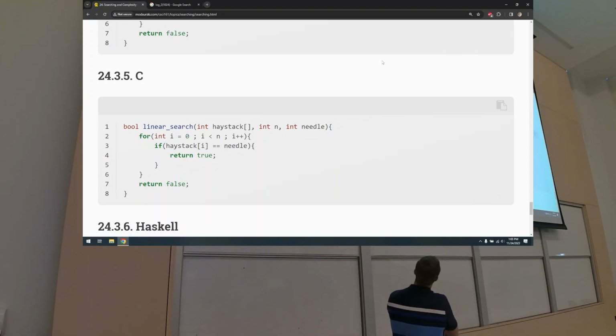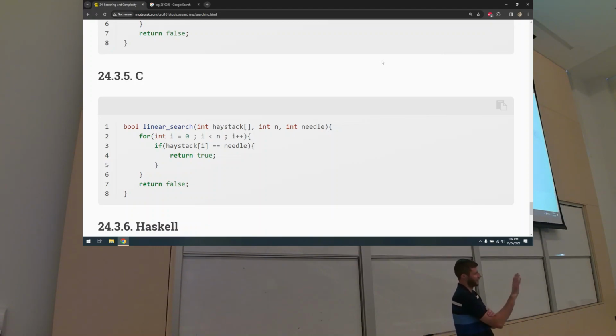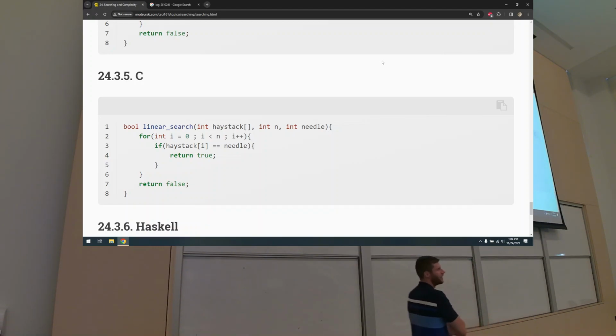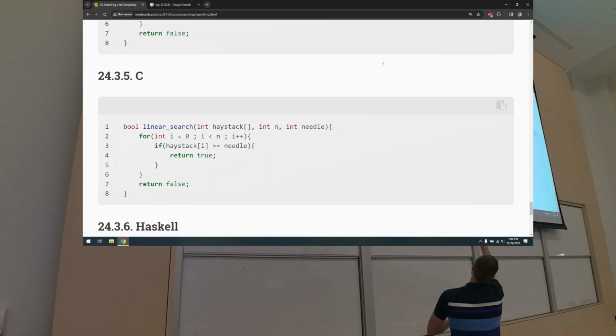But here's C. And the biggest difference here is the arrays in C don't know how big they are. You can't ask an array, hey, how big are you? You kind of can, but we're not going to do that right now. So instead of asking the array how big it is, we just have to know how big it is. And that's what that third variable is there, n.